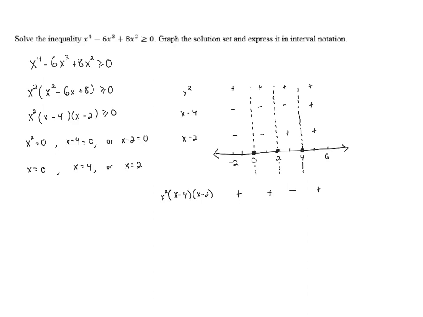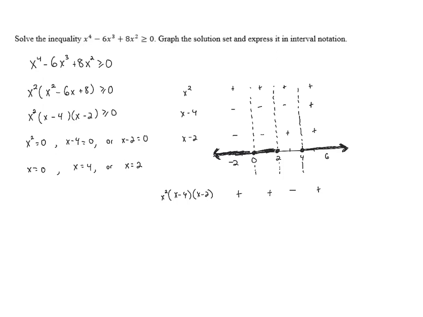So remember, we wanted our expression to be greater than or equal to 0. So we need to shade in the intervals where it is greater than or equal to 0, so where it's positive, so that's going to include this first interval. It's going to include the second interval, and it will include the last interval.